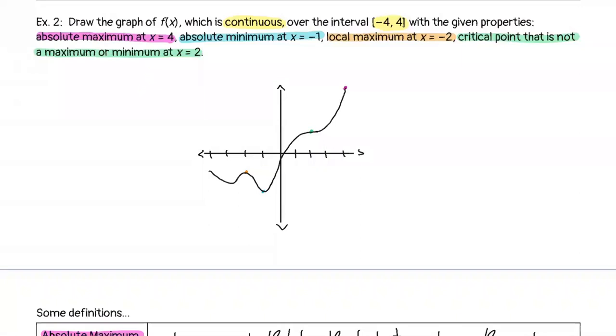That's it. So let's make this a little bit more clear. A critical point is just where the slope of the function equals 0. Great, thank you. I'm glad you asked, because I don't want anyone to walk away with that misconception.